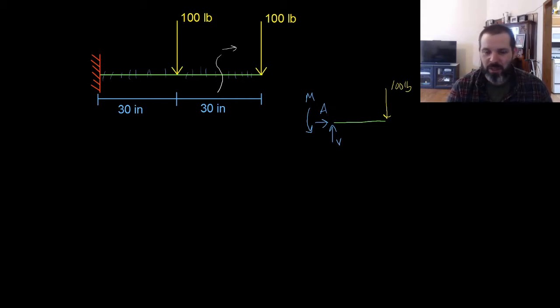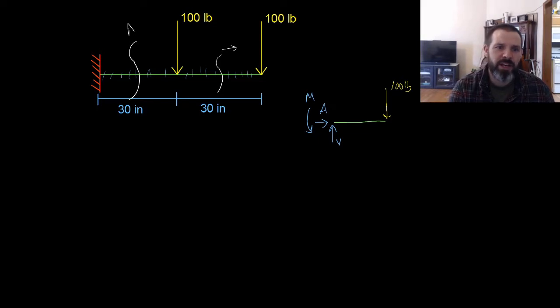I'm going to do something smart and employ a computer to do the cuts for me. So what we're going to do is two section cuts. We're going to keep the one we have, and we're going to make another one between the support and the second 100-pound load.